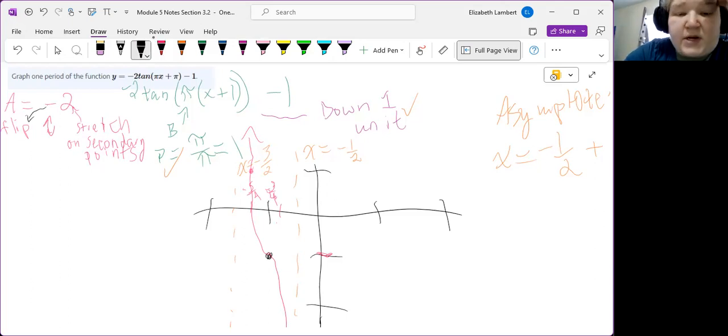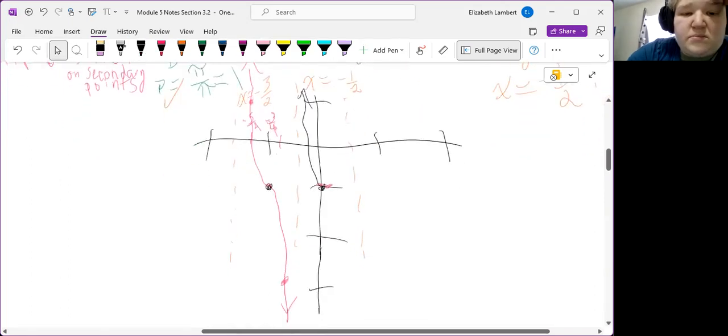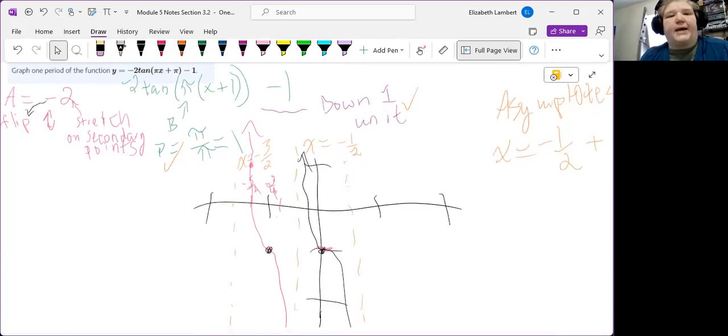That means I would have another period from -1/2 to +1/2. My 0 point would be here, and then it would do the same shape. So we end up with decreasing wiggly lines instead of increasing wiggly lines because of that minus.